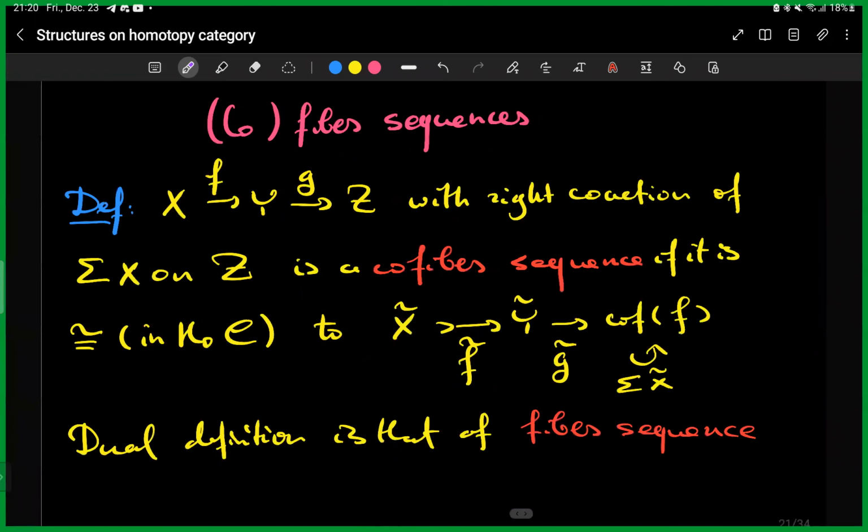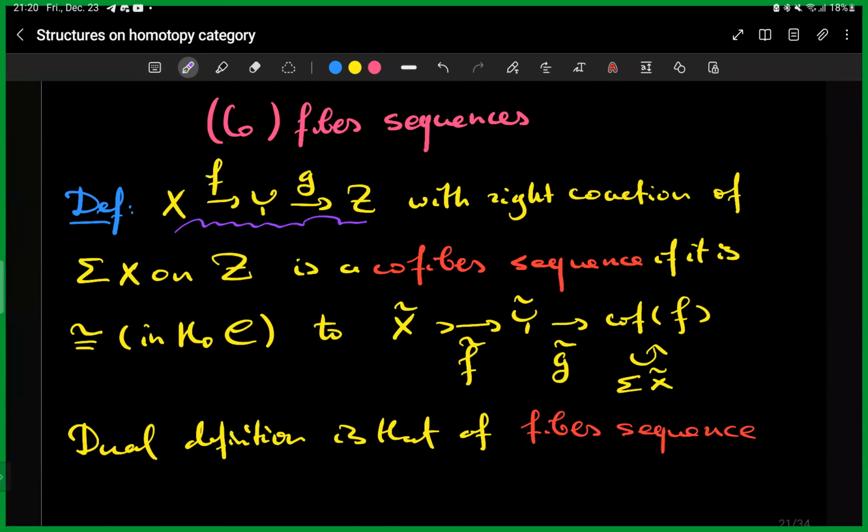So now we're ready to define cofiber sequences, which are precisely these kinds of triangles I was talking about earlier. What is a cofiber sequence? Well, first of all, consider this three-term diagram inside of our model category C. Of course, it's still pointed.